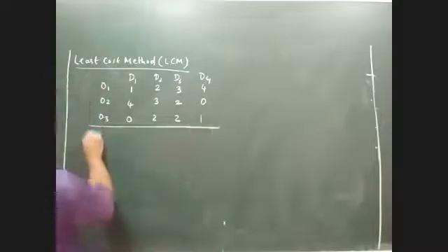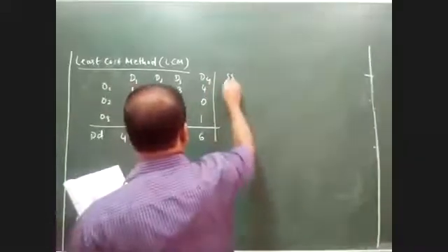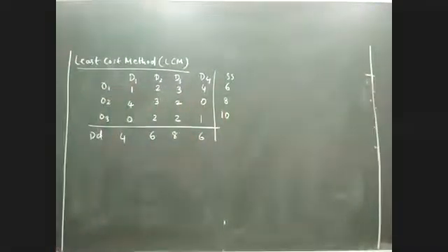The demand values are given as 4, 6, 8, 6, and the supply values are 6, 8, 10. The question looks exactly similar to the Northwest Corner Rule method. As far as the pattern is concerned, absolutely no change. The only thing that changes in this method is the way we allocate the values. Otherwise, the whole way of looking at the question is entirely the same.